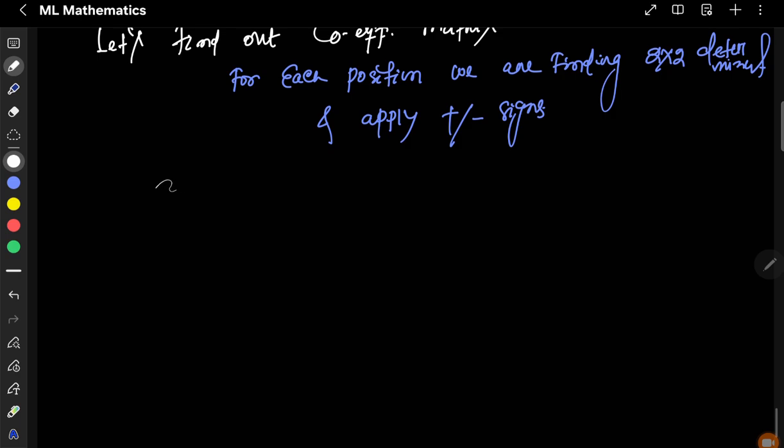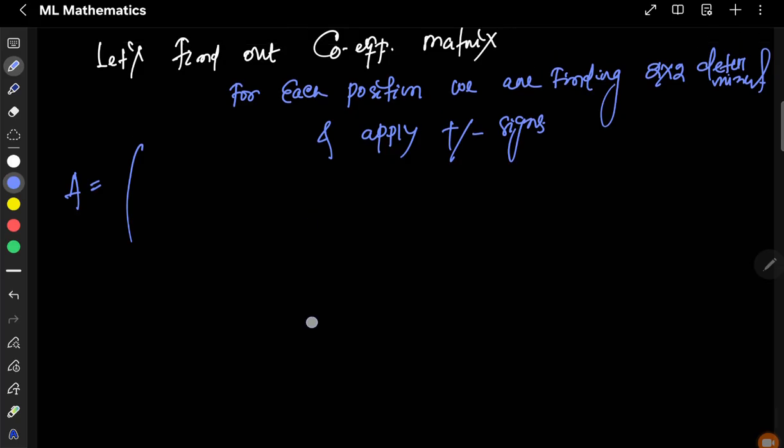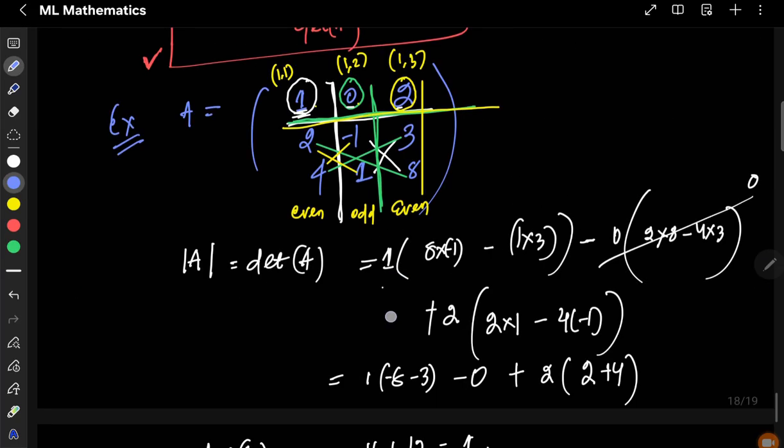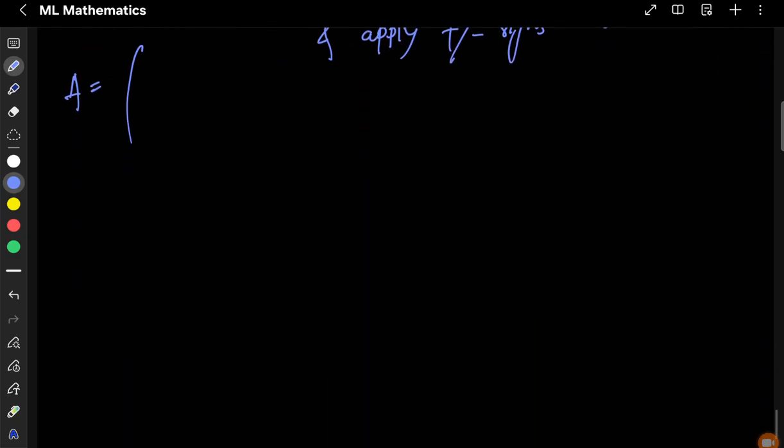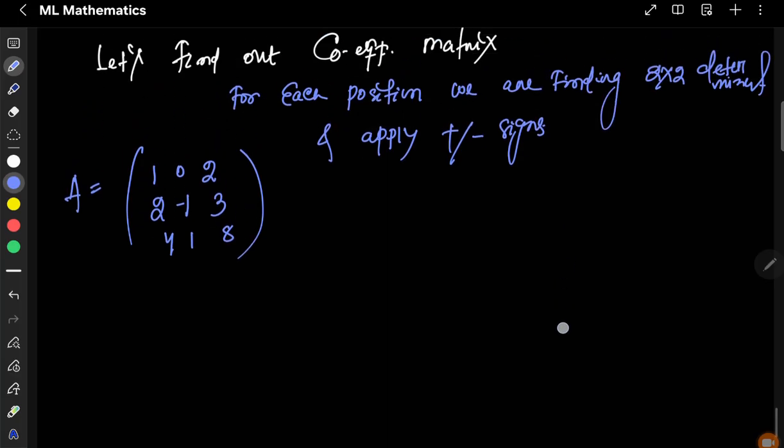Now if we go for C11, the 1 1 position. Before that I will write the matrix again. So our A matrix is 1 0 2, 2 1 minus 3, 4 1 8. Again, these are random numbers I have taken.